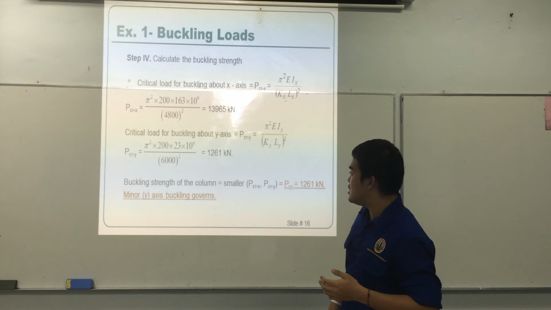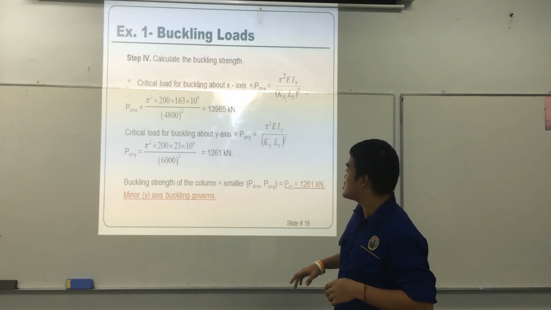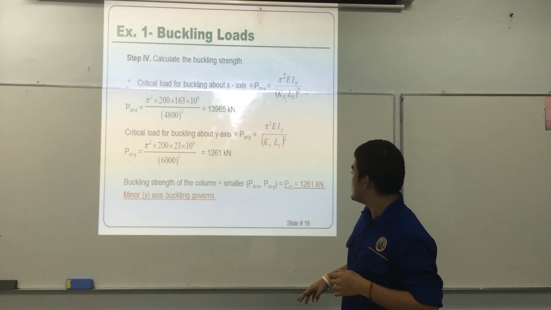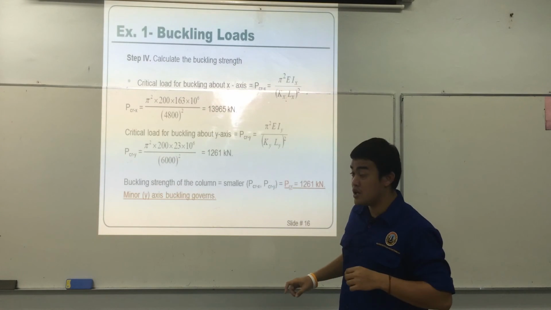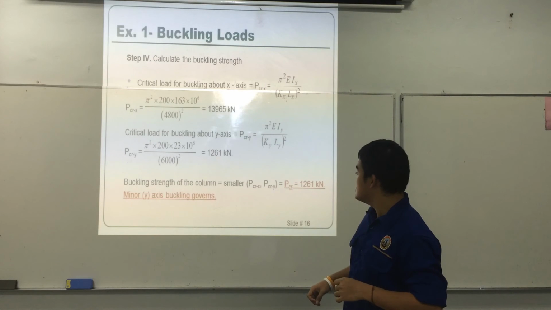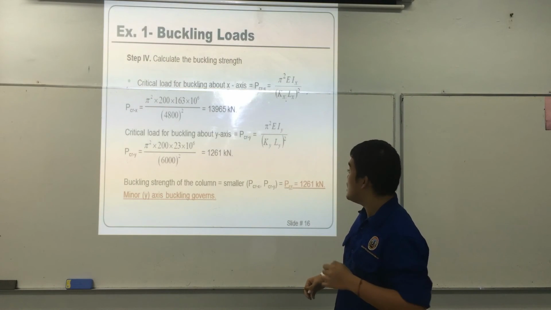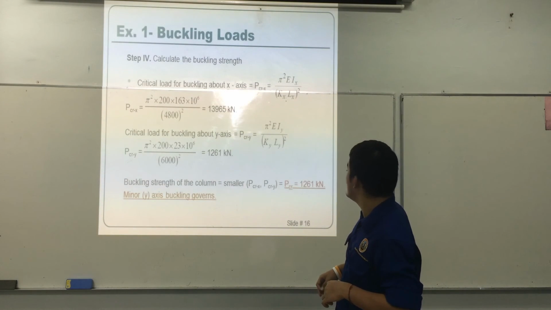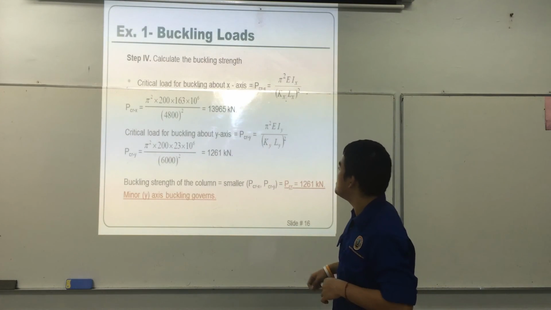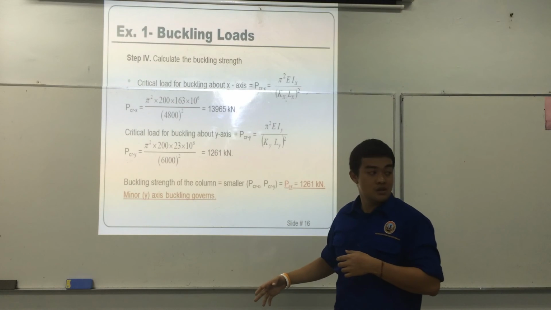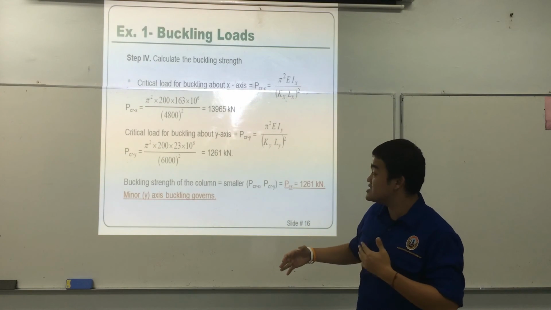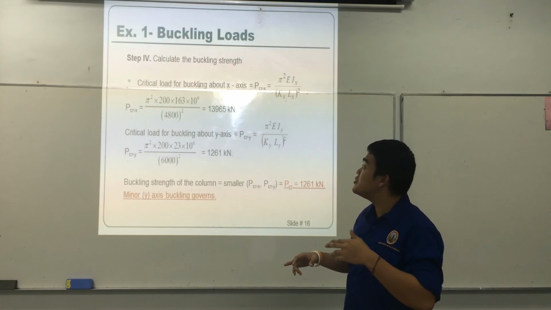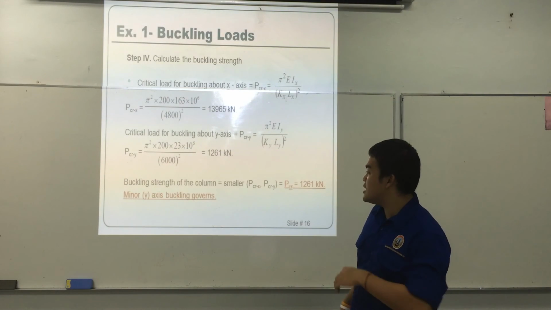We need to find the buckling strength of the column, which is equal to the smaller one. So that means we have two values, in the x-axis and y-axis, and P equals Pcr, which is 1261 kilonewtons, because this is the smaller value. The buckling strength of the column is the smaller value of the critical loads. So the minor y-axis buckling governs.